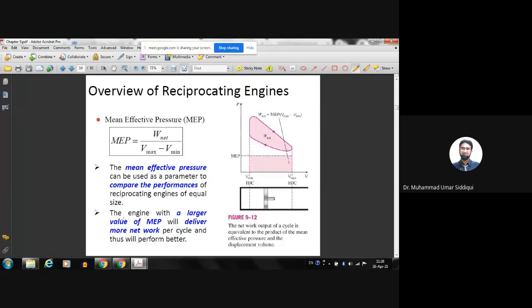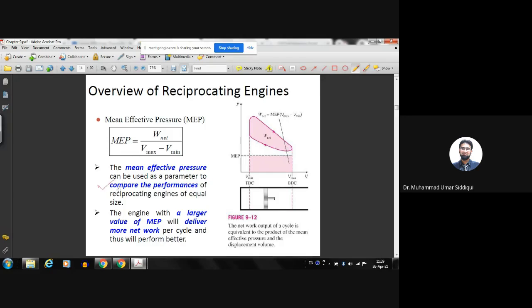Okay, then we have the mean effective pressure. Since within our piston cylinder device we have the pressure varying from low pressure to high pressure throughout the cycle, if we presume that the cycle behaves at a constant pressure, that hypothetical constant pressure would be known as the mean effective pressure, and it is a fundamental parameter to compare the performances of reciprocating engines.